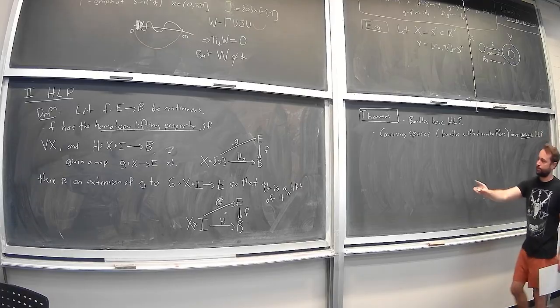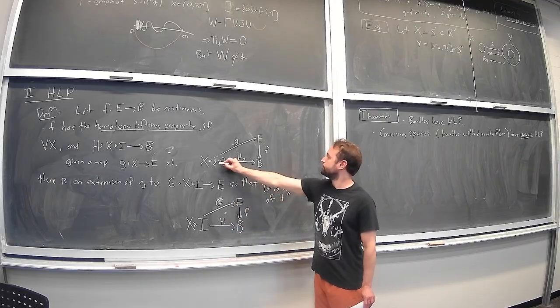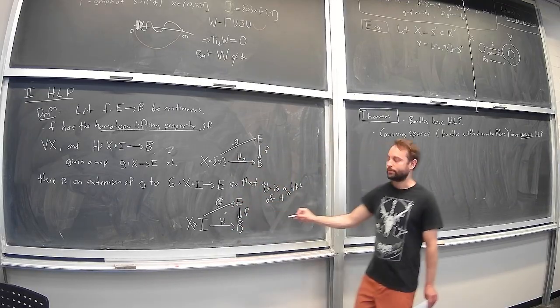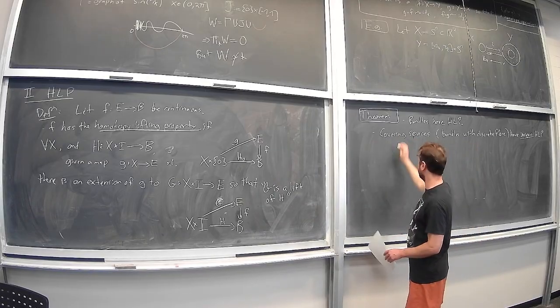Meaning that the G that you're supposed to get, which is a lift of H, once you've chosen this initial condition, your G is actually uniquely determined for the case of fiber bundles. So I'm going to illustrate this with the drawing, sorry, for covering spaces.